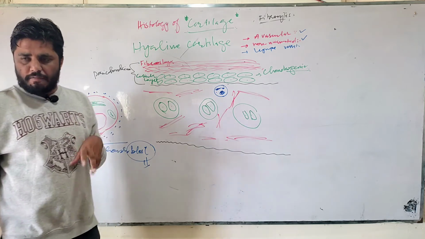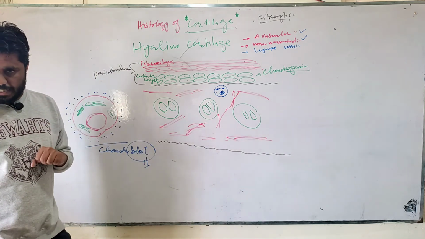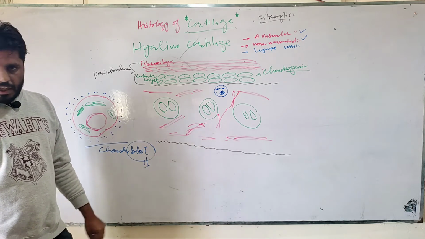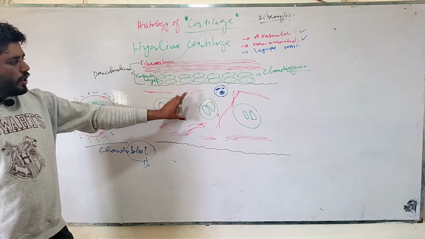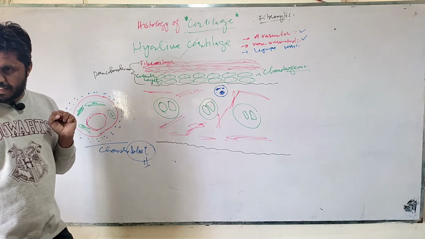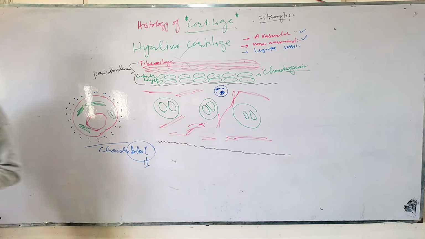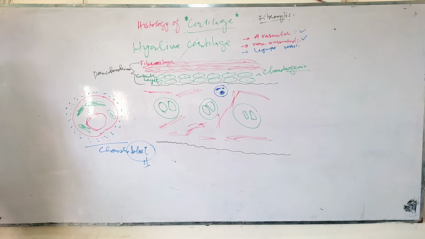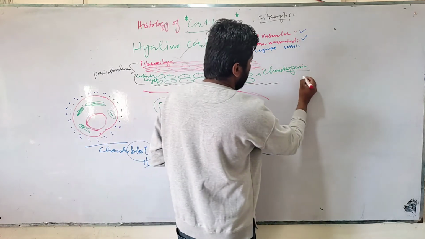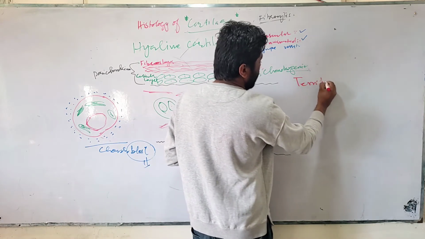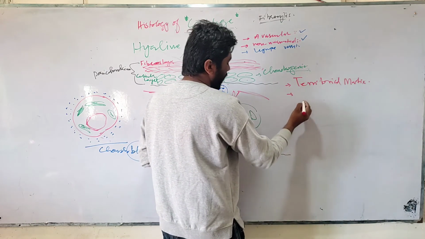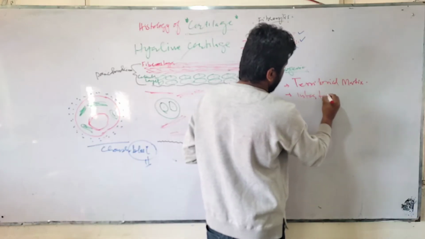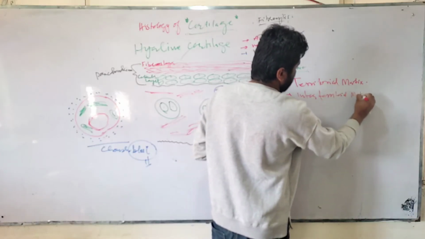One more interesting thing you need to understand: the matrix of hyaline cartilage has two different terms. One is territorial matrix, and the other is interterritorial matrix.